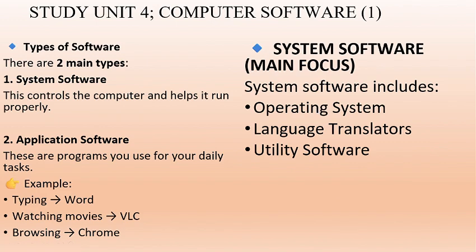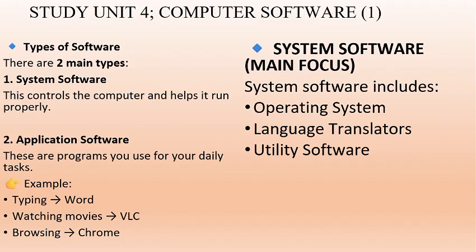Let's look at the types of software. There are two main types of software. We have the system software. This controls the computer and helps it run properly. So that is the first type of software, system software.